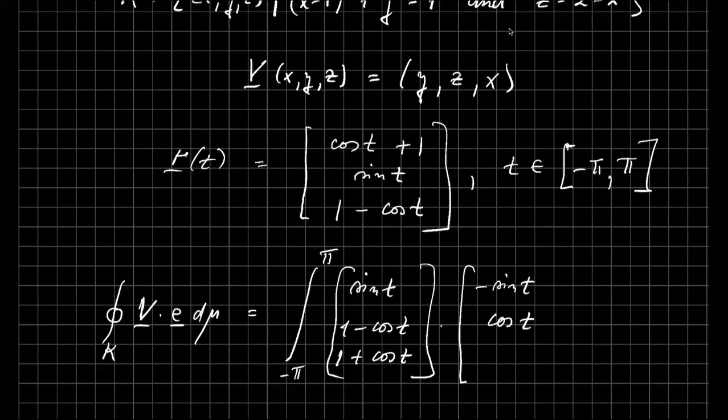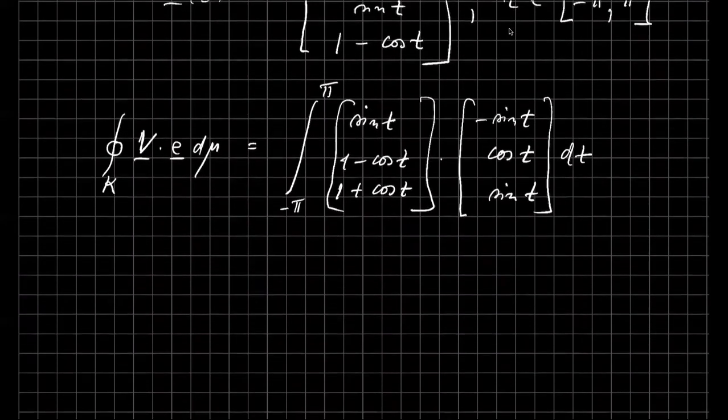So you get minus sine t, cosine t, and when you differentiate the third coordinate, you get sine of t. So this will be the integral from minus pi to pi.